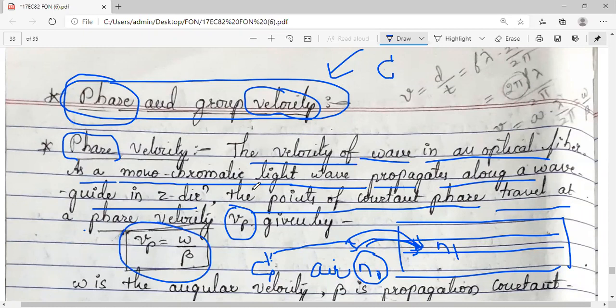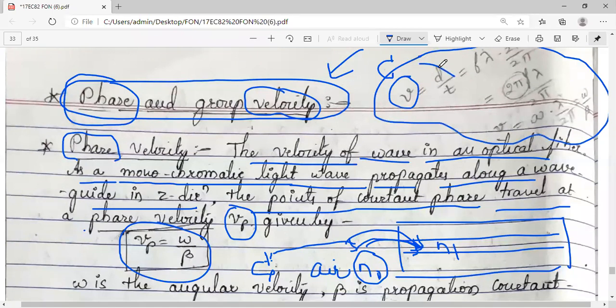How we got this omega by beta? I have just from the pencil, I have written here, you can observe. We will start with the velocity definition, which is distance by time. Distance is, for any wave traveling, lambda will be the distance, and the time. So time, I have taken 1 by f into lambda. What I have done to f lambda, I have multiplied by 2 pi and divided by 2 pi.